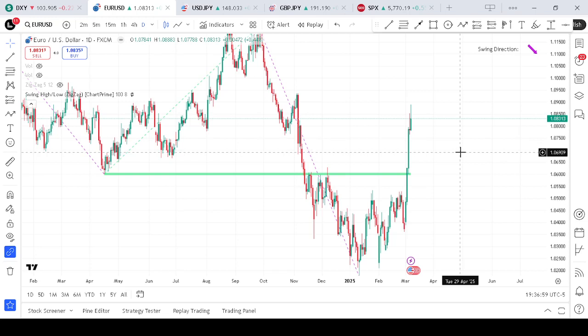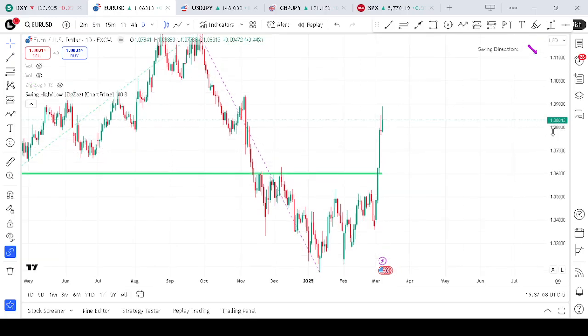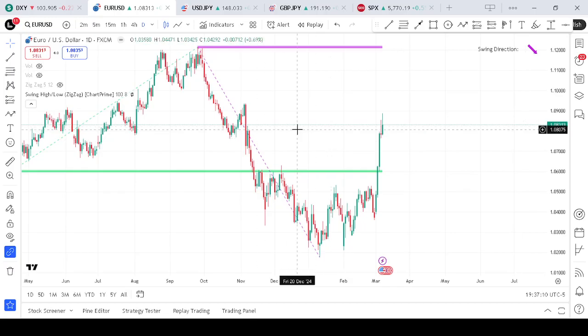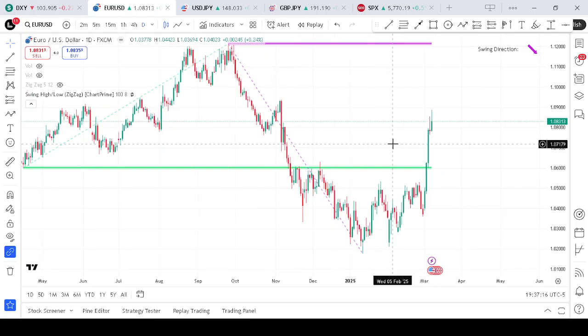The third use of this indicator is to help us draw trend lines. The swing zigzag indicator simplifies the process of drawing trend lines by connecting exclusively swing highs and lows.